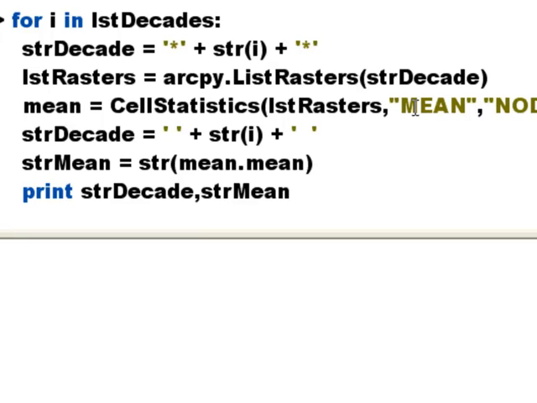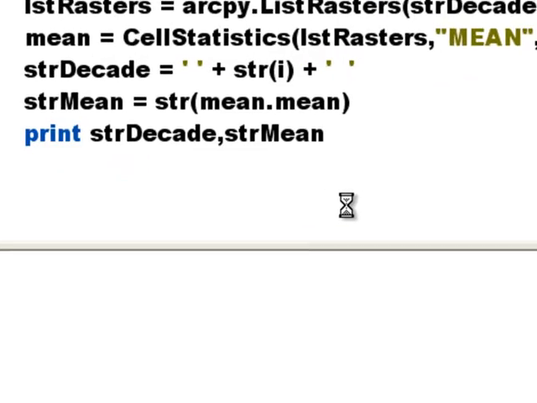Take the June, the July, and the August, add them together, divide by 3, and give us the average. Then we'll make a string from our numeric decade value, and a string from the average mean summer temperature for the entire area, and then print that out.